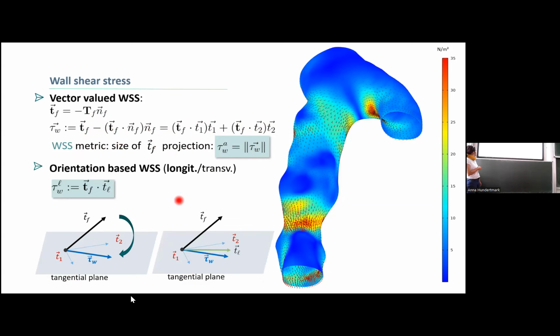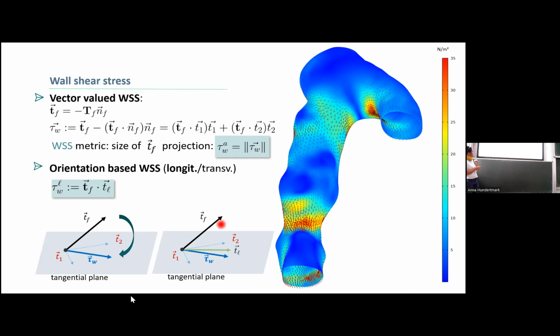We deal with a kind of orientation-based, so-called longitudinal, or you can simply derive in this manner also the transversal wall shear stress. This is a wall shear stress component. This is a different component of this. This is one component of this wall shear stress vector, okay, a component in a special direction.